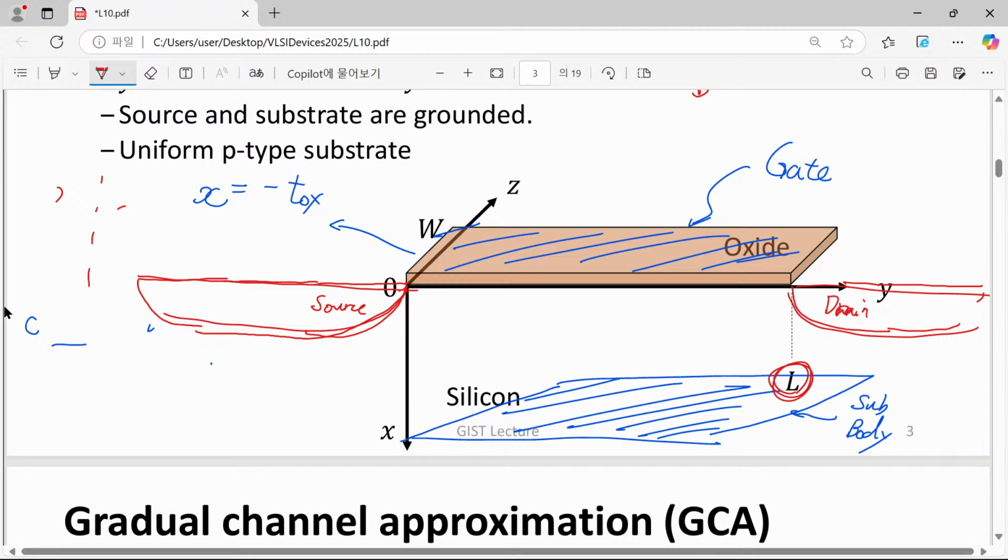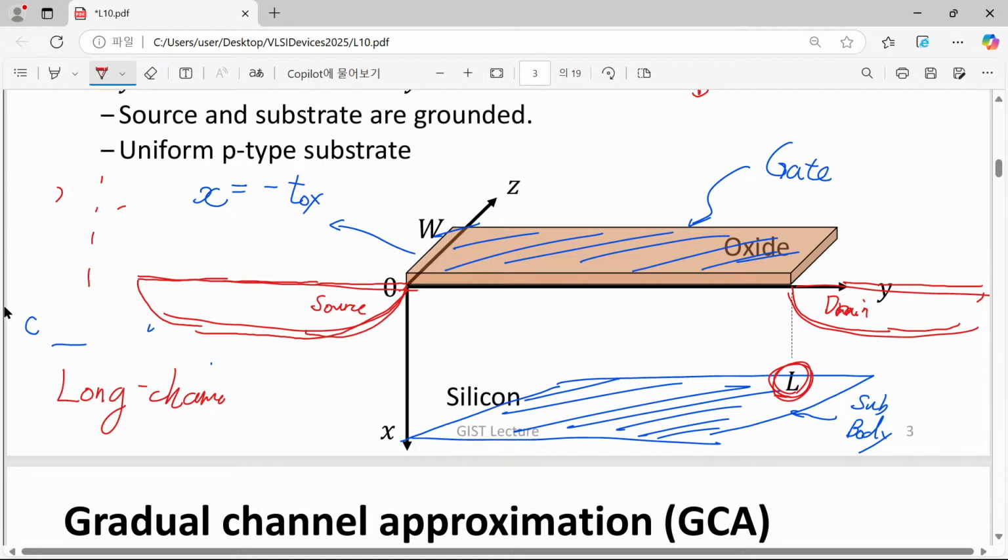But right now, we are considering a long channel device. Here, long channel means that compared with the channel length L, our source length and drain length can be regarded as quite short, under the assumption that source and drain are maintained at their shortest length scale.